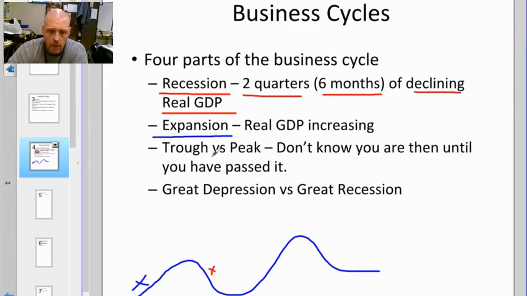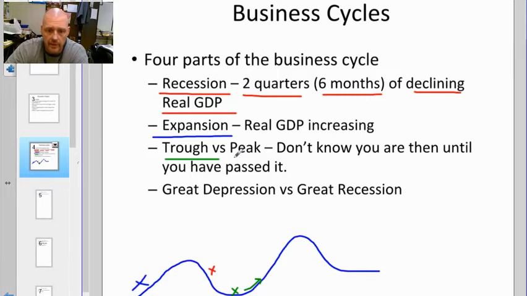Our last 2, our trough and our peak, they're tough to judge until you've already passed them, right? If you look at the trough, and again, that's going to be down here where you kind of at your worst or your lowest, if you will. Well, you're not really going to know where you're at your lowest until things start to trend upwards, right? As things start going in a positive direction, oh yeah, that's where we were at our worst.